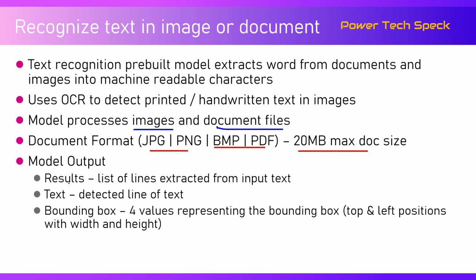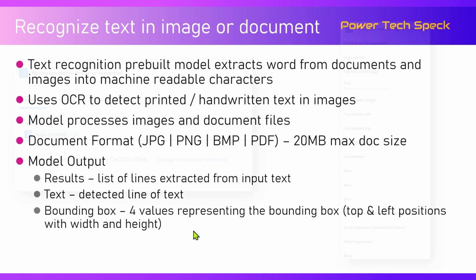As for the model output, it gives you results: text and a bounding box. It all depends on what kind of content the document has. It will extract the list of lines from the input text and detect the lines of text, so you get that output as well.